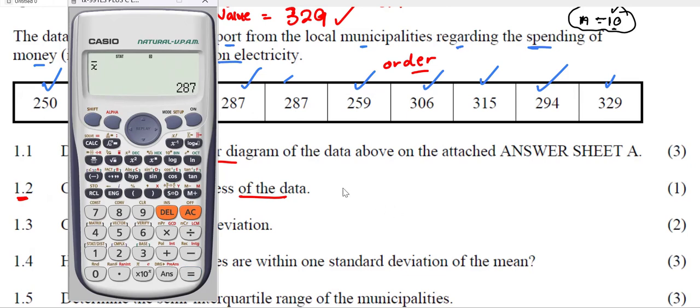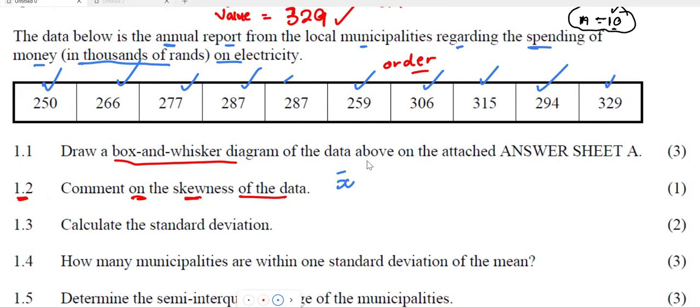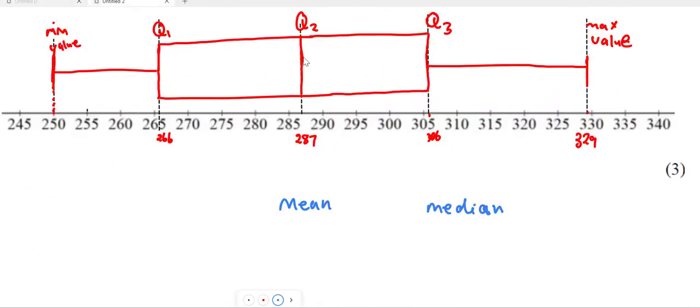As we can see, the mean of the data that we are given is 287. If we go to the median, our median is 287 again.